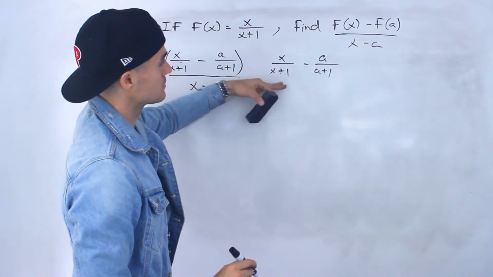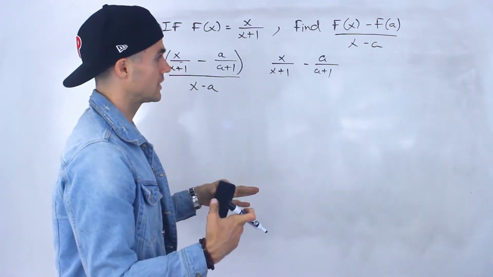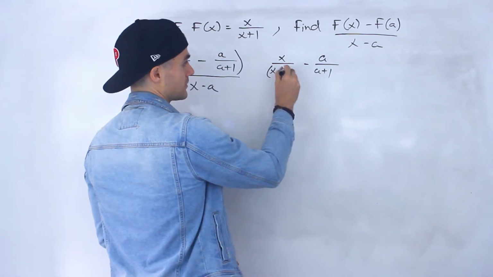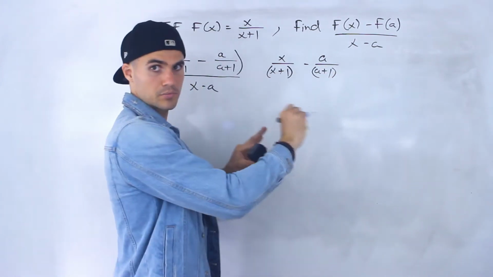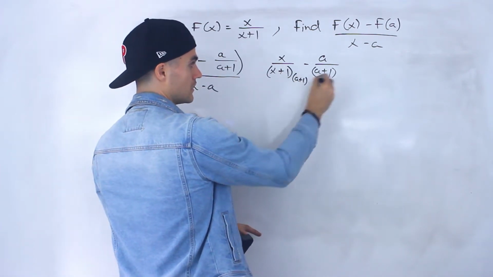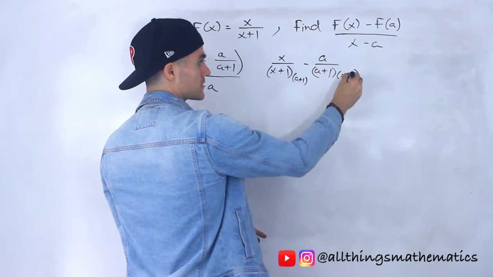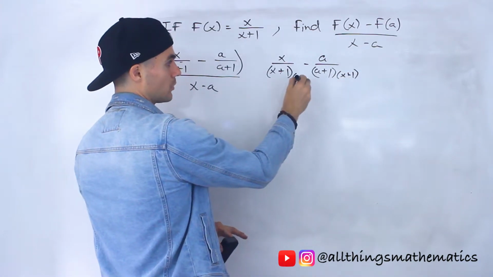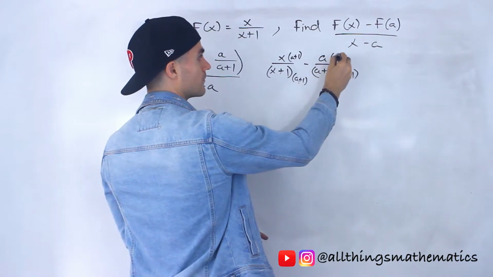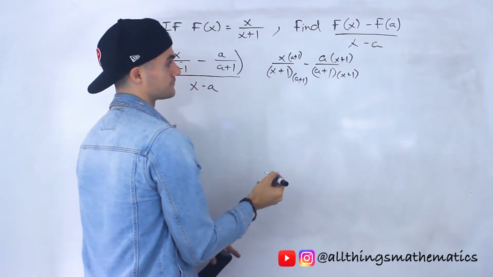So notice to combine these into one fraction, we need a common denominator because we're subtracting fractions. This x plus 1 and this a plus 1 are completely different factors. So we got to multiply this by a plus 1, and multiply this by x plus 1, to get a common denominator. But what we do to the bottom, we've got to do to the top.